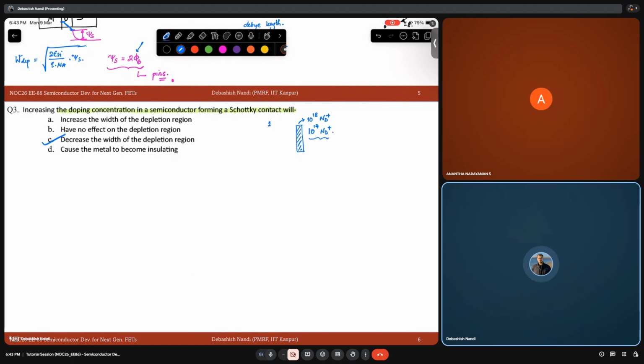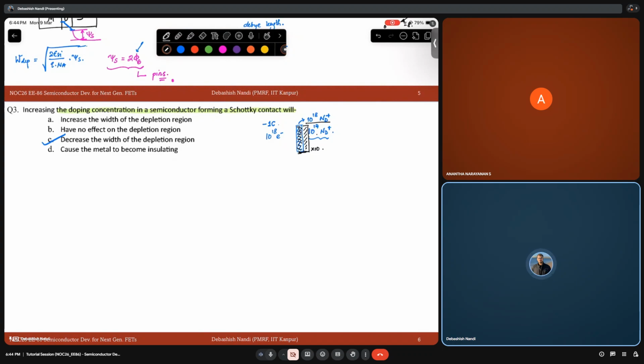And again, let's say I have minus 1 coulomb charge inside the metal. So 10 to the power 18 electrons we need, right? So in this region, I will get 10 to the power 18 NA atoms. For this, I may need some additional region to cover for that additional factor of 10. Okay. So that is why with increased doping, my depletion region shrinks.